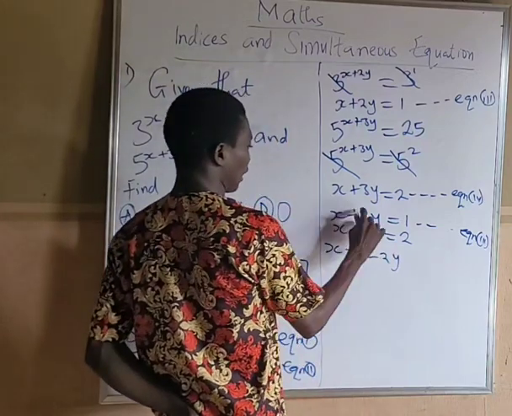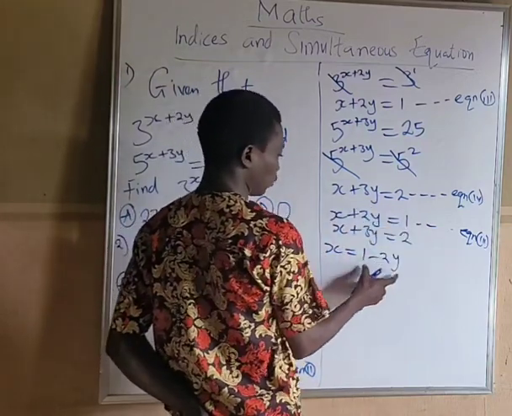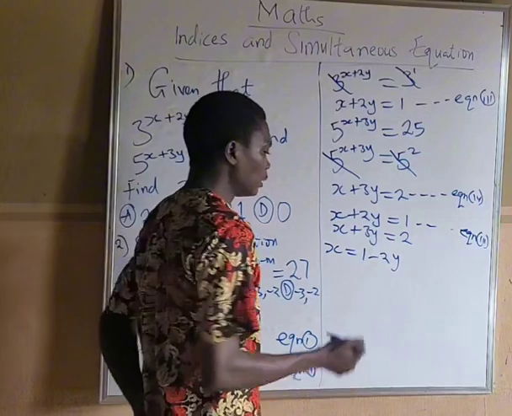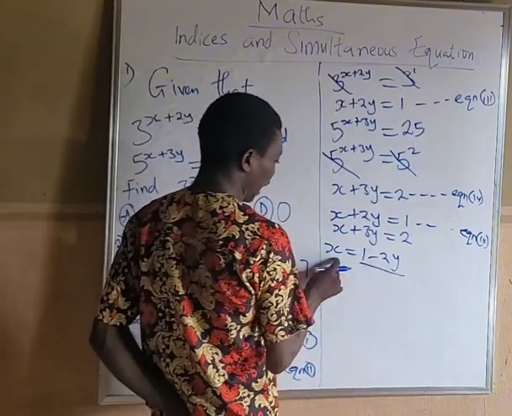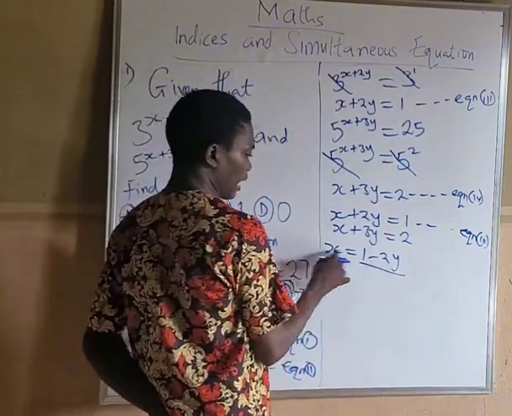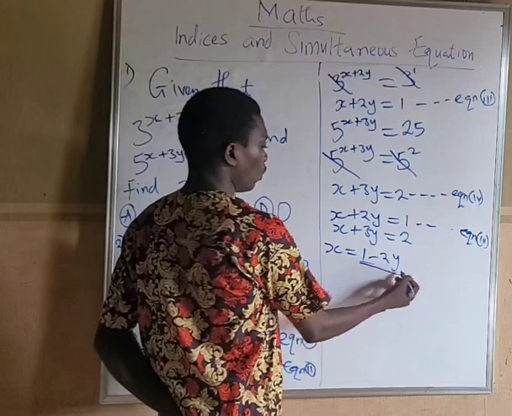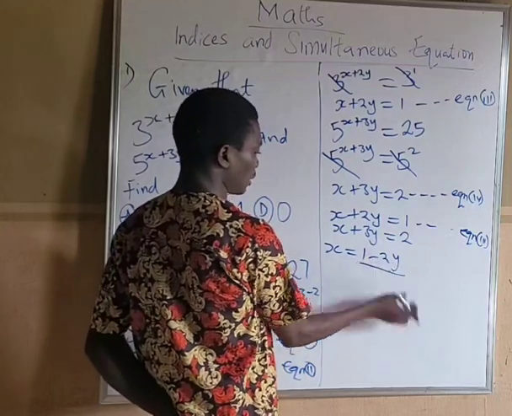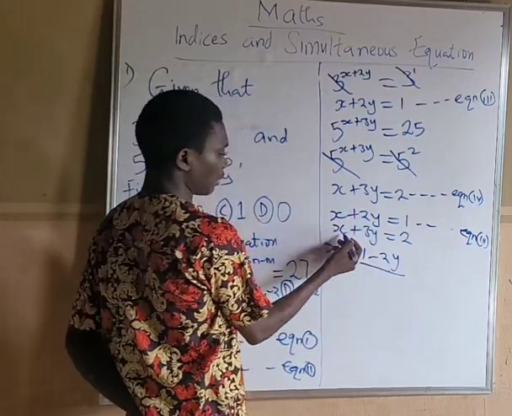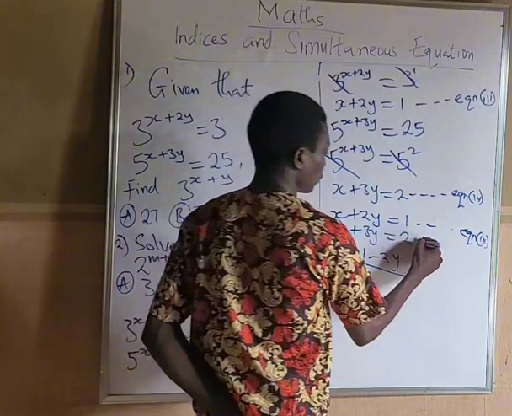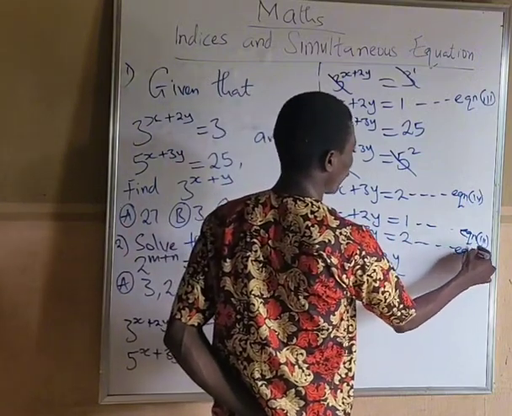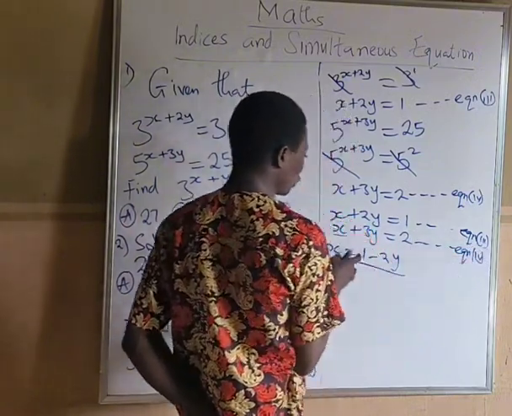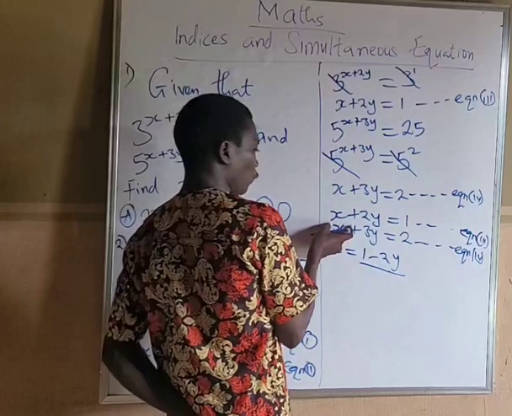Making x the subject of the formula, we take this plus 2y to the other side, which gives us something like this. Now, this is my x. My x is equal to this now. So, I'm going to substitute this into the position of x here in equation 4. So, substituting x into equation 4.